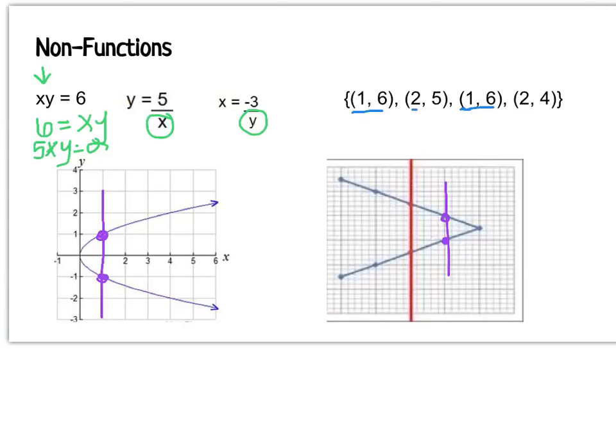When I look at the 2's though, the x value repeats with 2, but it has different y values. To be a function, each x value, remember, can only have one y value. Since 2 has a y value of 5 and a y value of 4, that means it is not a function. Each x can only have one y value.